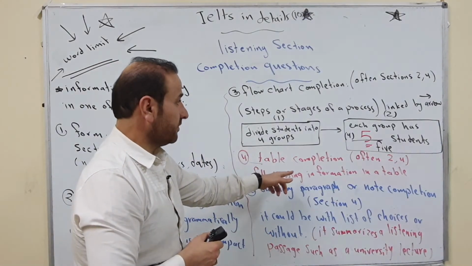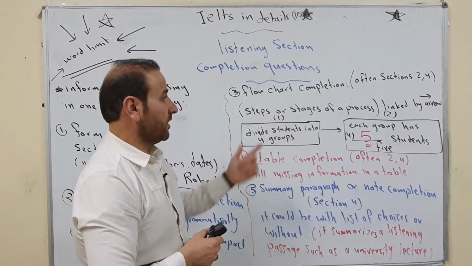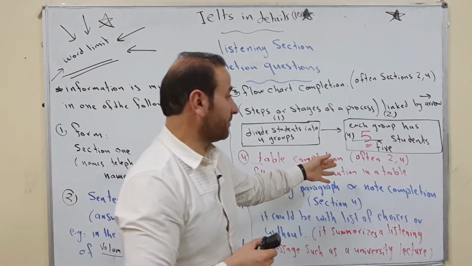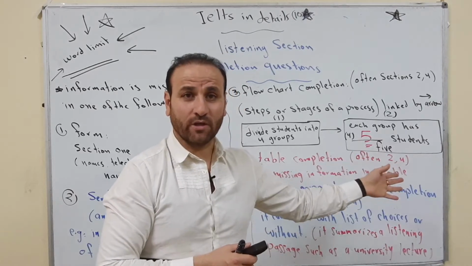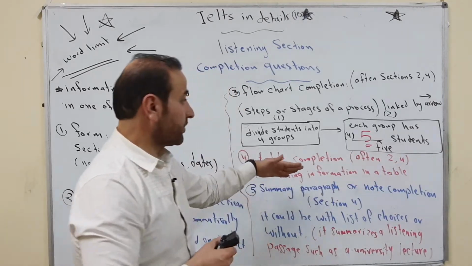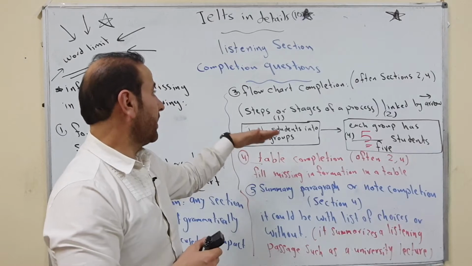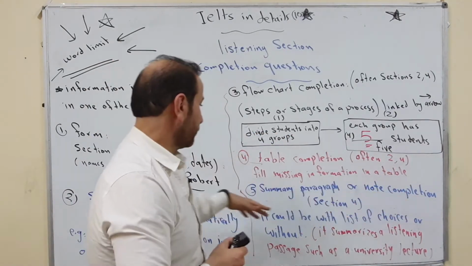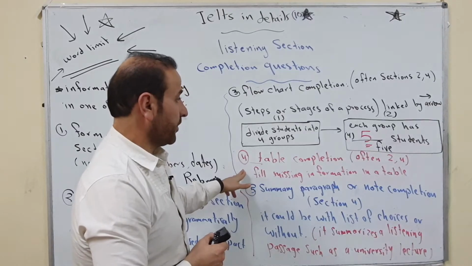Table completion. It's similar to flowchart completion. It often comes in section 2 and 4, يعني usually these questions, table completion and flowchart completion, usually come in section 2. Fill missing information in a table.